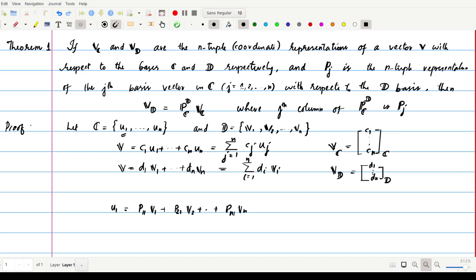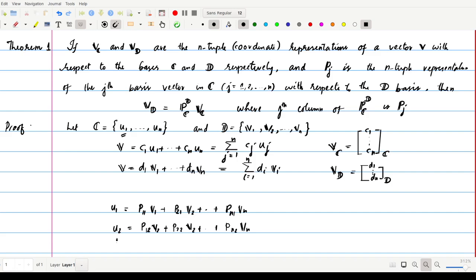If you take u2, then that will give p12 v1. Instead of writing p21 here, we write p12, because these scalars are going to constitute the second column. So we write it as p12 v1 plus p22 v2 plus etc. plus pn2 vn.